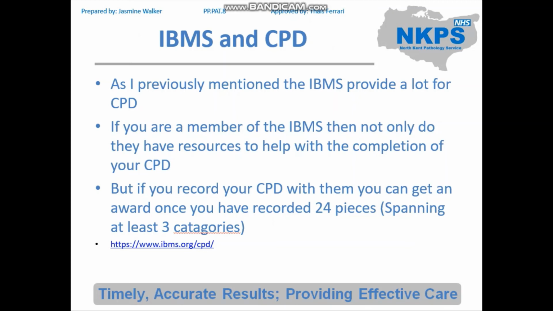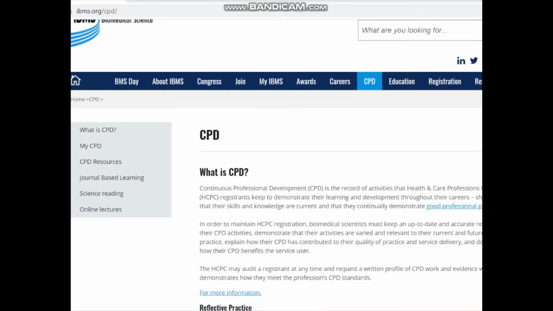So the IBMS and CPD. As I previously mentioned, the IBMS provide a lot of CPD for us. If you're a member of the IBMS, then not only do they have resources to help with the completion of CPD, but if you record your CPD with them, you can get an award once you've recorded 24 pieces. So if we go and have a look at this website, this is the CPD page of the IBMS website.